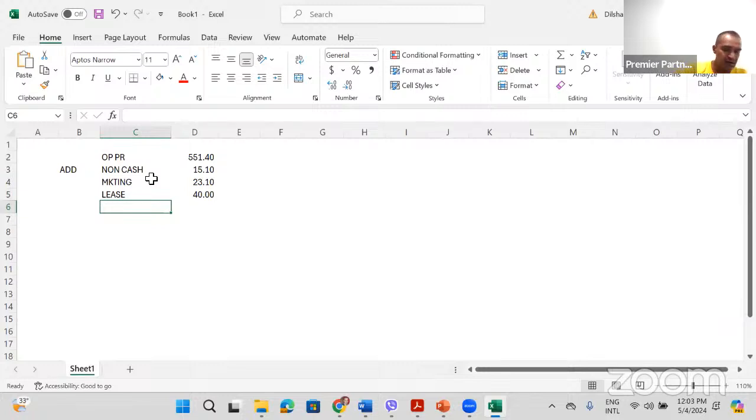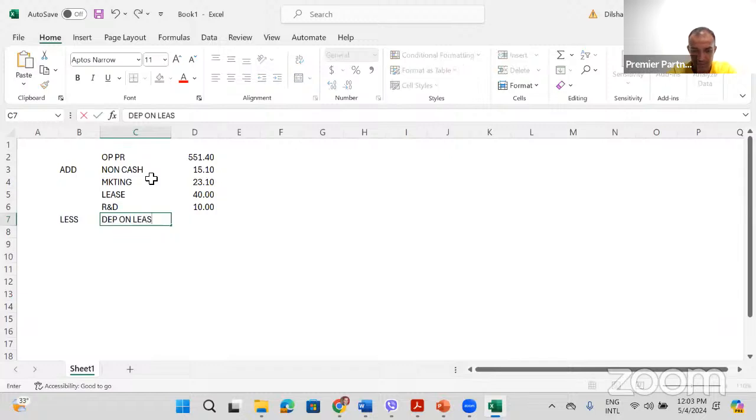Now there's no separation between operating and finance. It's all the same, right? R&D 10. Then less depreciation on lease: minus 115 divided by 4 years.